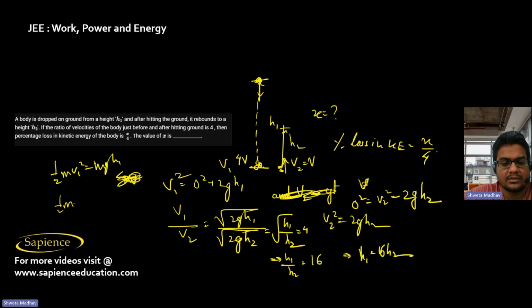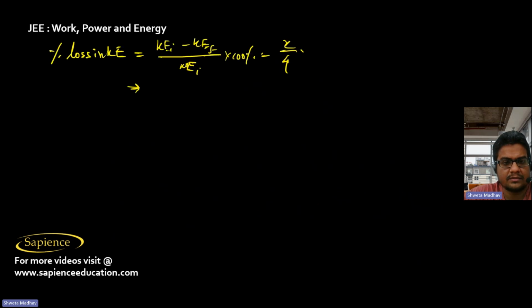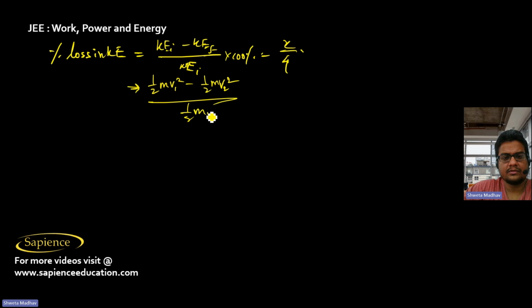So the percentage loss is (half m v1 square minus half m v2 square) by half m v1 square into 100%, which is equal to x by 4%.